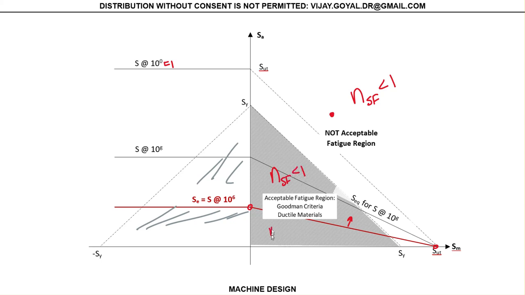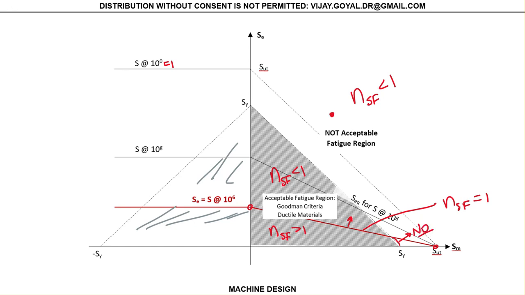Here, my fatigue factor of safety will be bigger than 1. Here, at the line itself, it will be equal to 1. That is just saying this is all infinite life. Anything inside here is infinite life. This is my line, and I cannot have anything on this side. That's not acceptable.